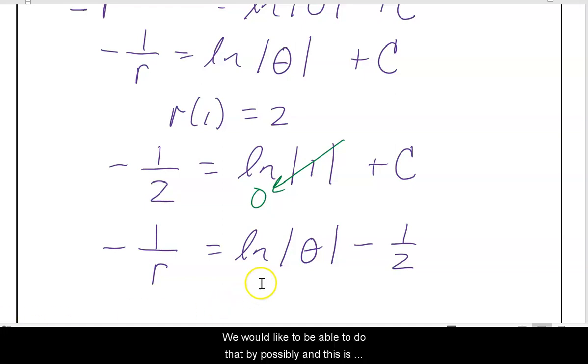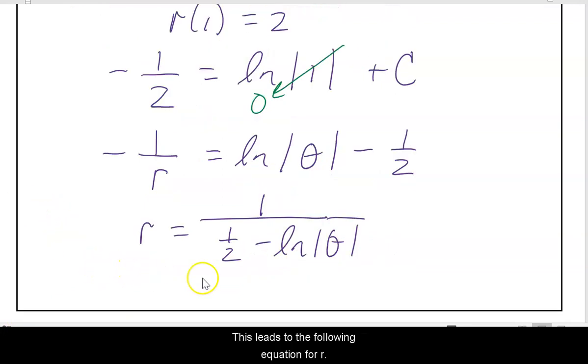We would like to be able to do that by possibly, and this is something you may want to consider or not, rolling this minus 1/2 into the natural log. Now, you could do that, but of course it's not required. This leads to the following equation for r. R is equal to 1 divided by the quantity 1/2 minus the natural log of the absolute value of theta.